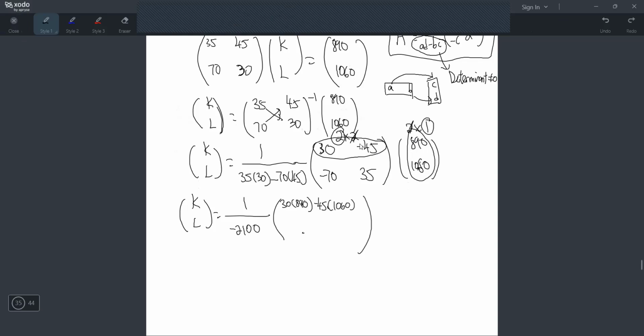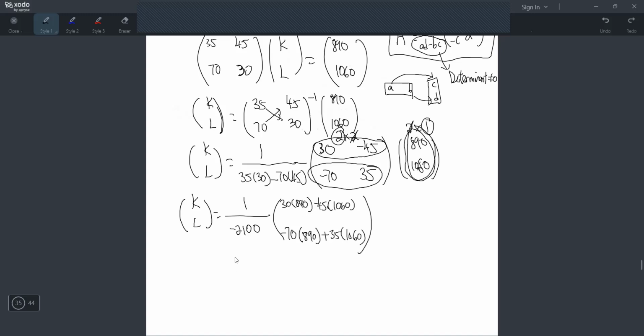Okay, after that, I will repeat the same thing, but this time I will take yang bawah punya horizontal and then times vertical also. So siapa darab siapa? Negative 70 times 890 and then 35 times 1060. If there's nothing in between, it means plus. Yang atas tadi sudah ada minus, so that's why I never write anything there.